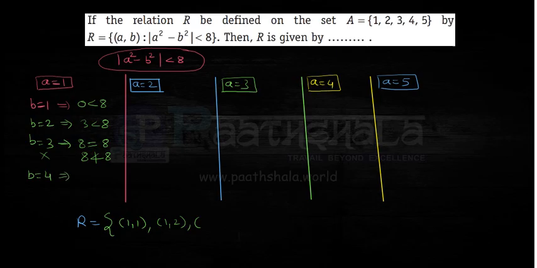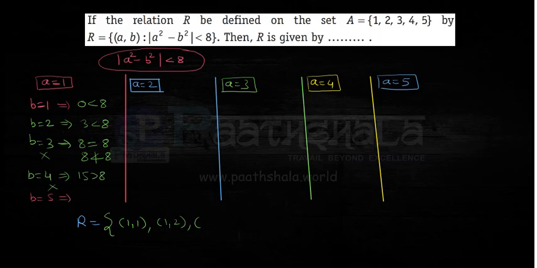For b equals 4, we can see 1 squared minus 4 squared, that is 1 minus 16, that is 15. So 15 is greater than 8, not less than 8. So it means that a equals 1, b equals 4 is not a valid pair. And we will check for b equals 5 as well.